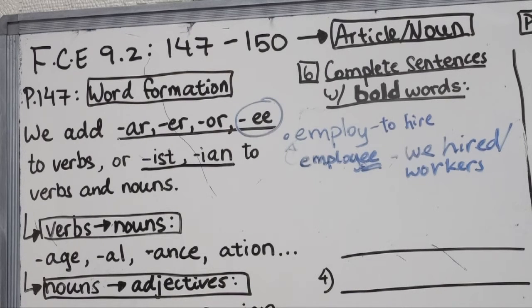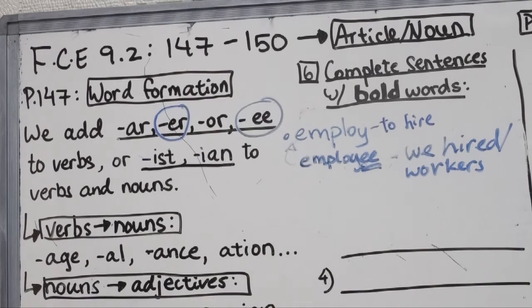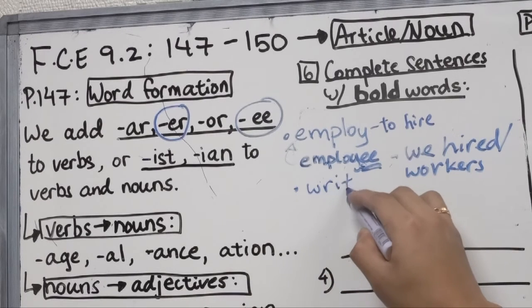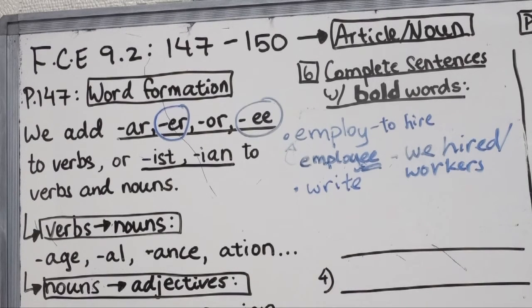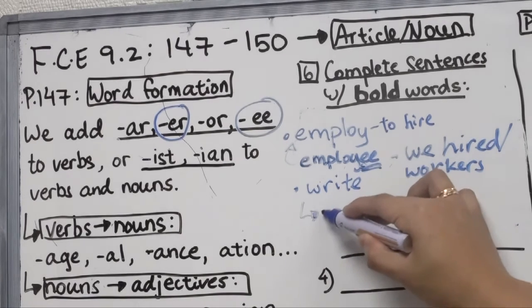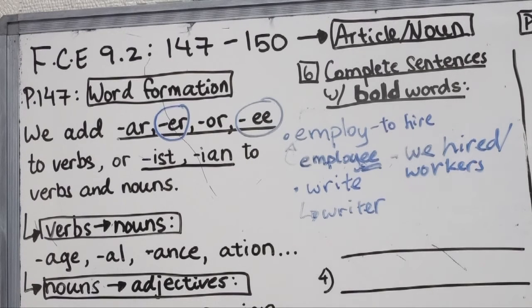Alright, now let's move on to this one. ER, very simple. We have the verb write. And someone who writes, we call them a writer. But since we have an E already at the end, we will just stick with the R, a writer.